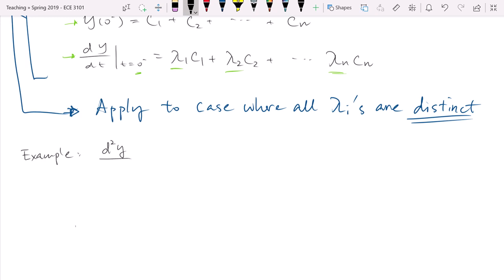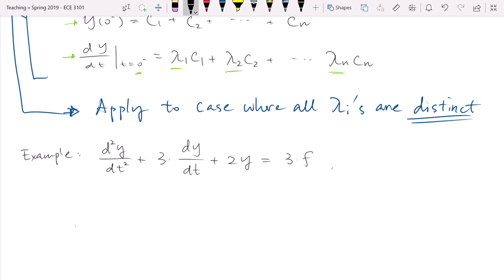And we're looking at a second order differential equation. So this is the example I usually give. Plus 2y of t equal to, let's say, just 3 times f of t.